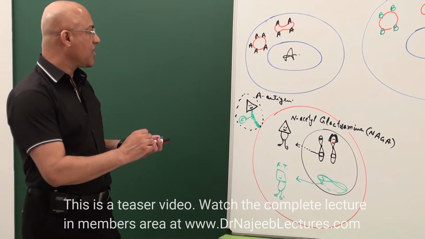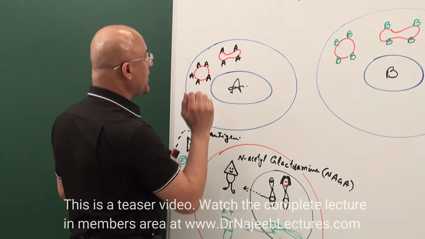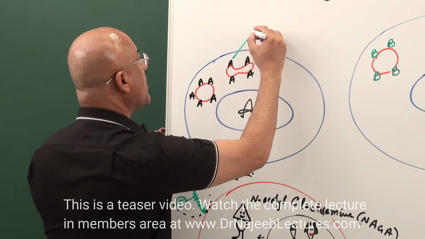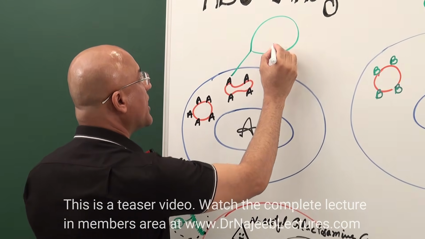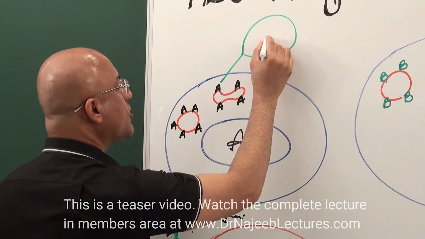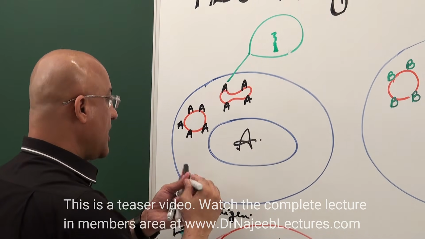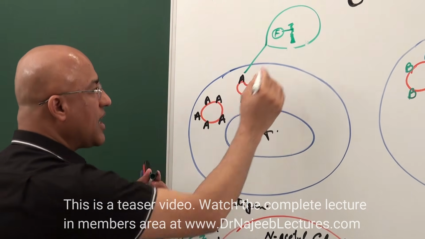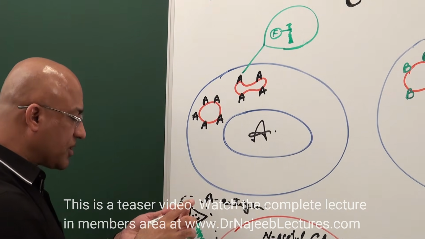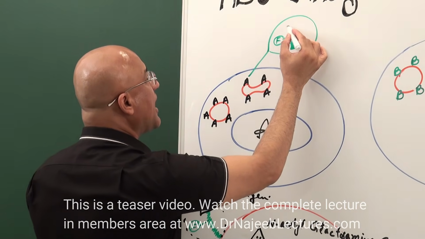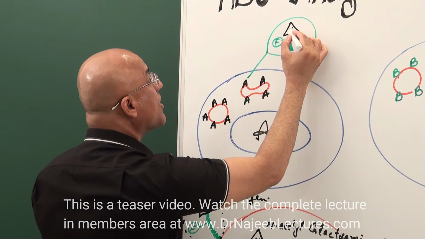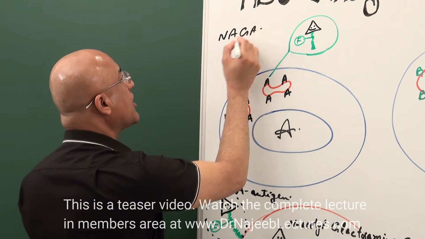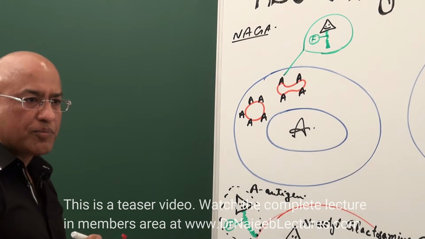So where I'm putting the A molecule, I can enlarge here, right? And if you look at it, what is it? This is oligosaccharide, and here was what? Fucose. Both of them make H substance, and on top of that, what have we added? NAGA, or simply call it N-Acetyl galactosamine.